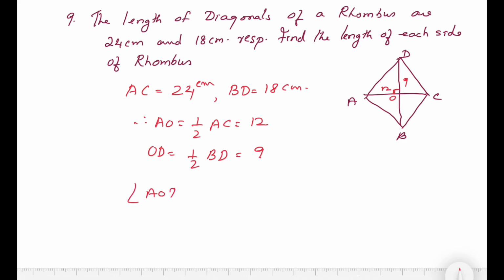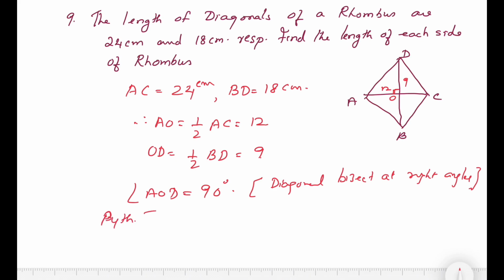Now we know the diagonals bisect at right angles. Angle AOD is equal to 90 degrees. Reason: diagonals bisect at right angles. Now you can use the Pythagoras theorem. AD will be the hypotenuse.